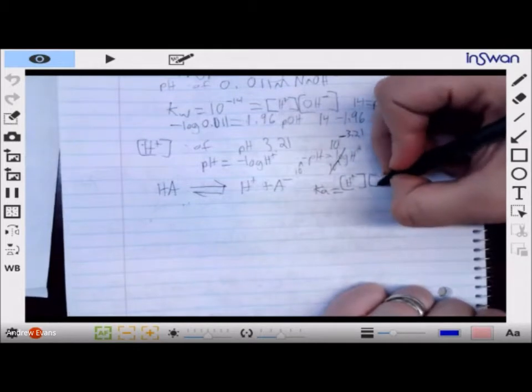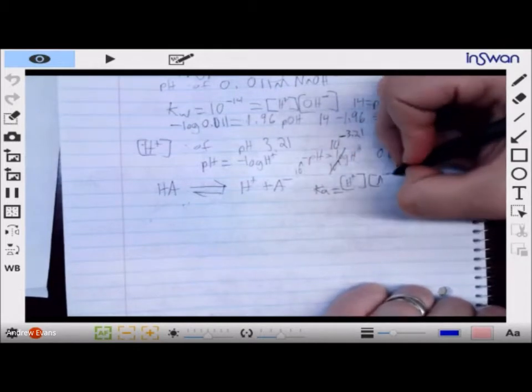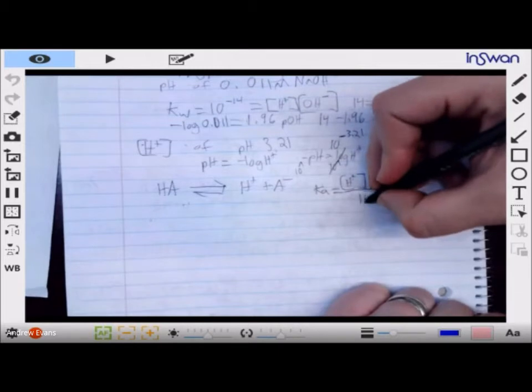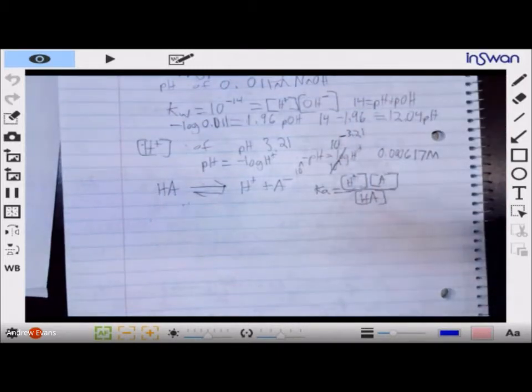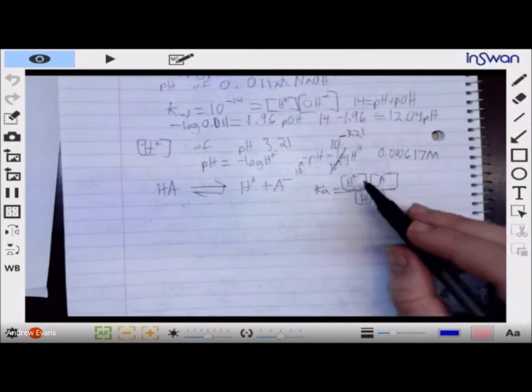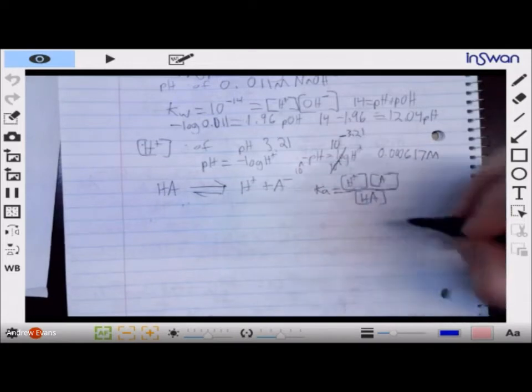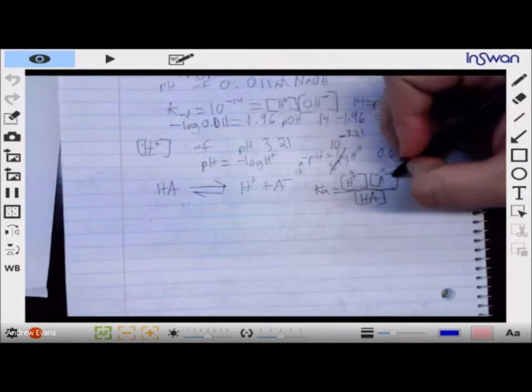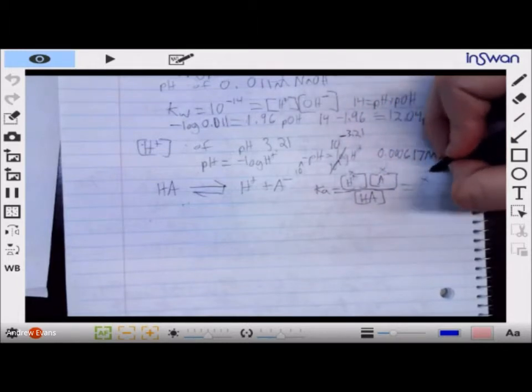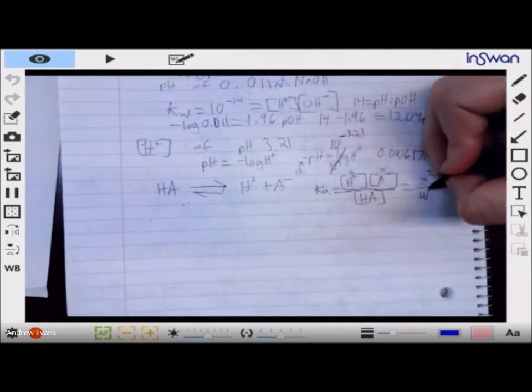This would be our K expression, but we can often abbreviate it in a couple short steps, especially on big long tests. We can probably make the assumption that H plus is going to be equal to A minus. So rearranging that, you have X squared over HA.